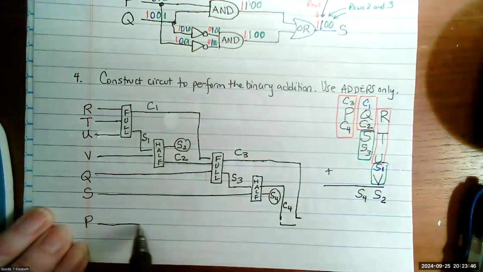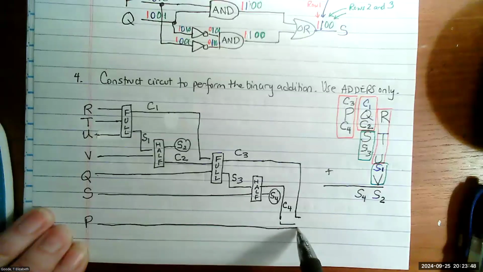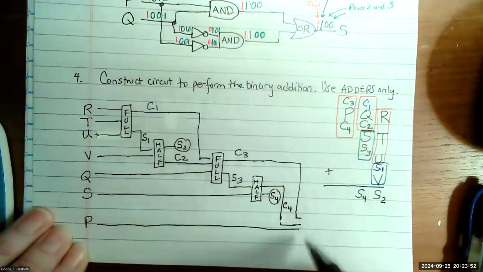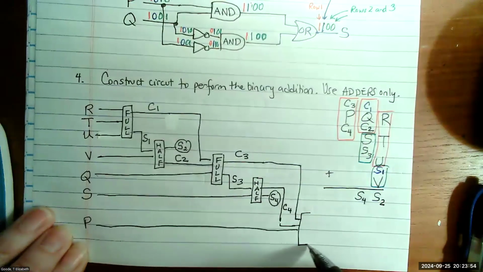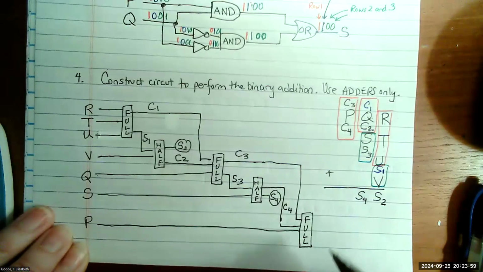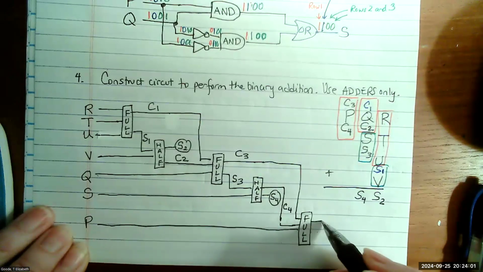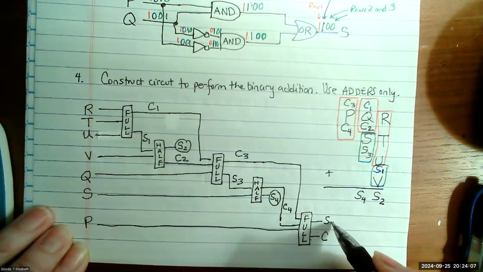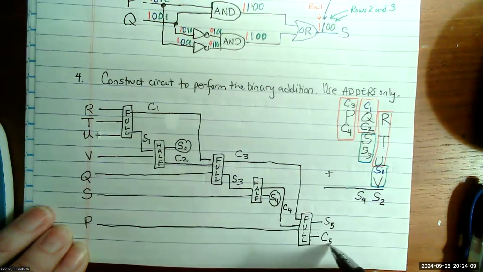So P is the last input, and it's going to get added with carry 3 and carry 4 because they're all in the same column together, through a full adder because it's 3 digits. Okay. Does that make sense? Yeah. And we have sum what and carry what? Sum 5. Yep. And carry 5, right?